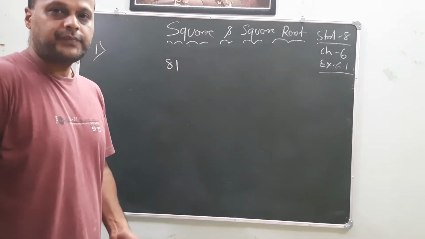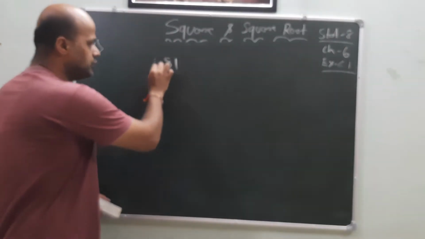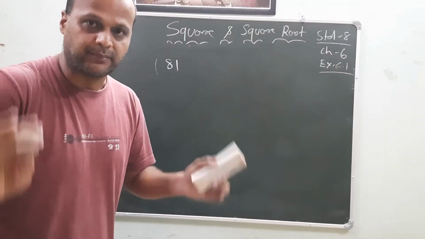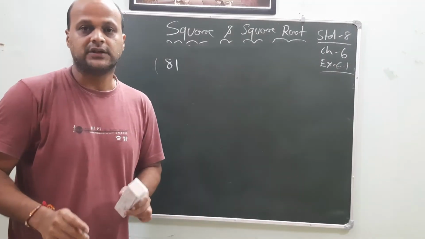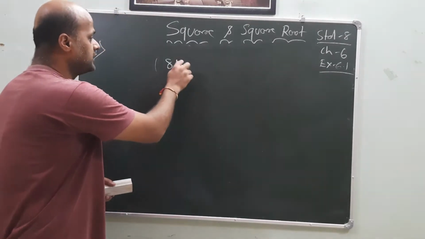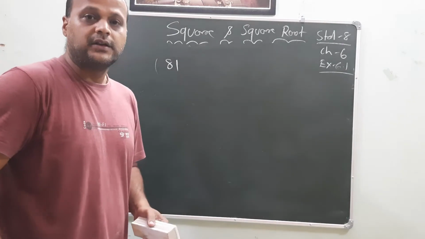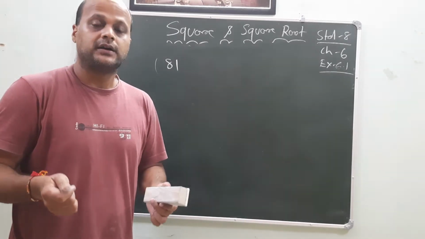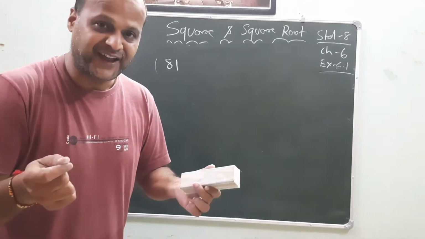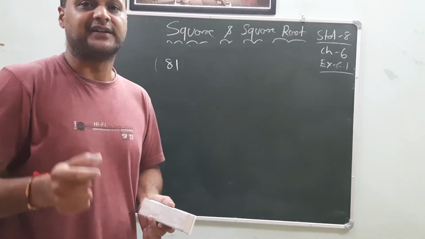Take 81. It is saying that 81 is the square of some number. You know which number it is. But if I square it, what will be the result?